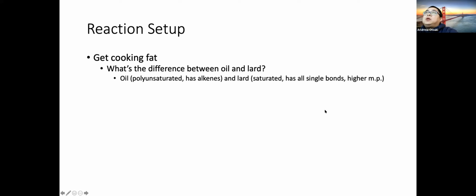So it's kind of gross. It's saturated, so it has all single bonds. When it's saturated, it has better packing in the solid phase, because if you have alkenes, there are going to be kinks in the structure depending on if you're cis or trans alkenes. This actually plays a role in cis and trans fats.